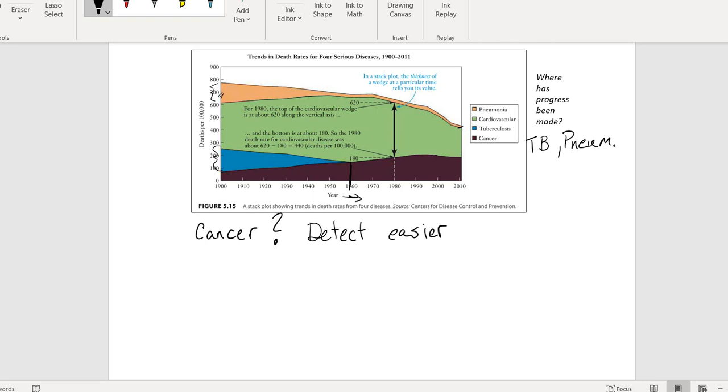Another reason is that people are living longer, and we have more exposure to a lot of different things. The other area that looks like it's kind of gotten worse and then maybe got a little bit better is cardiovascular. Think of some reasons why you think it got really bad in the 1960s and then improved.